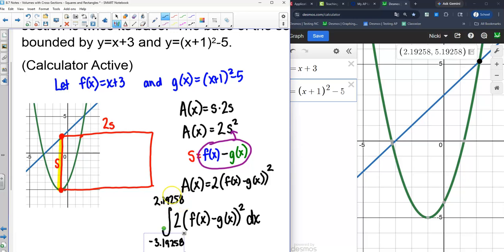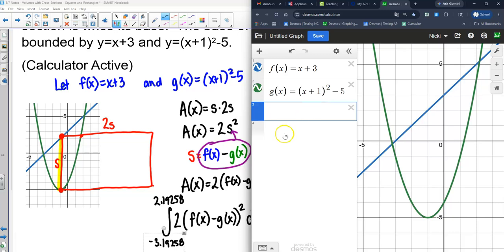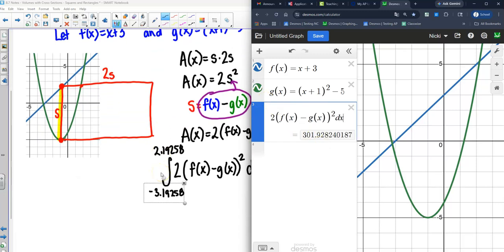And so to find this, I'm just going to type that in: negative 3.19258 to 2.19258. And since we've defined these as f of x and g of x, I can just do this, and we are getting 301.928.